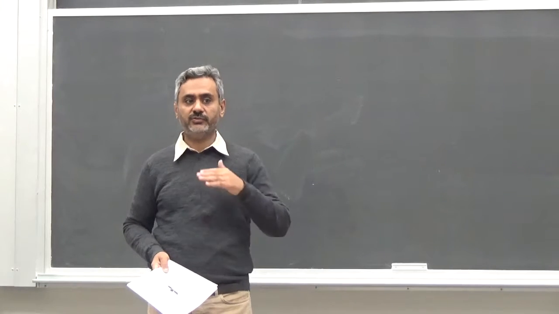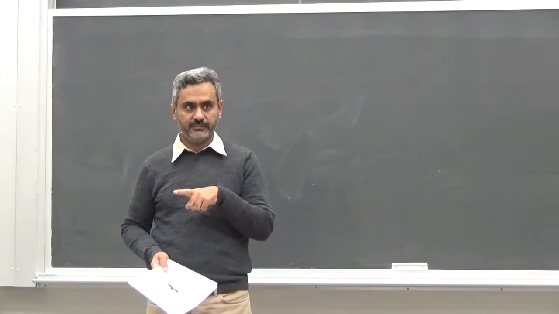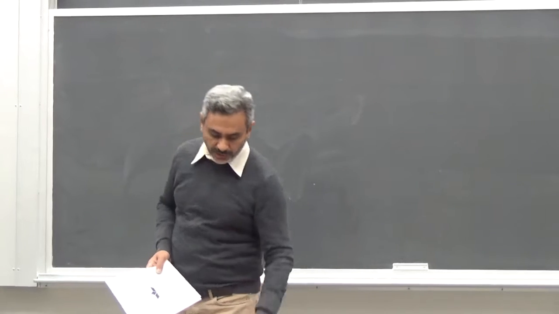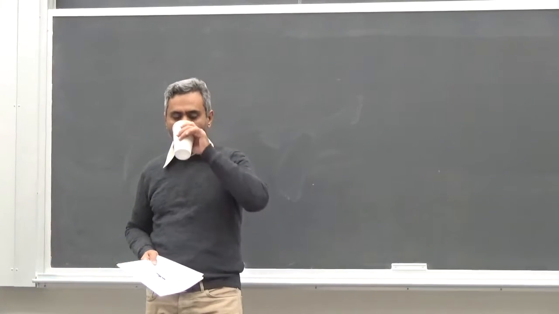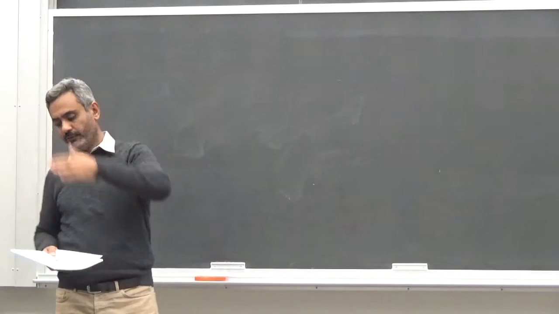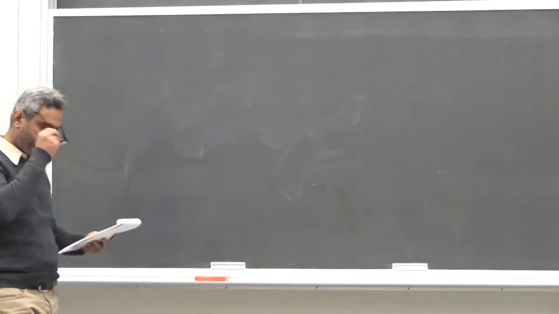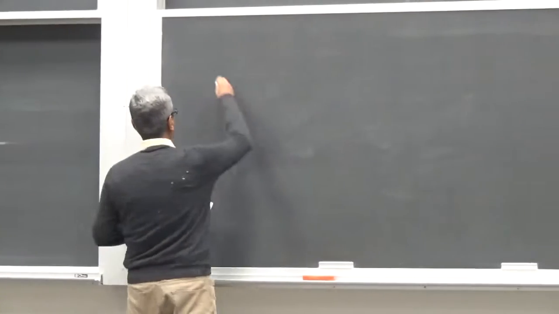Your energy has to be high enough so that you don't make a bound state. So you have to be able to just see the potential and go with it. Just read through. If you have any questions, we can discuss them in the next class. Okay, so higher order Born approximation.